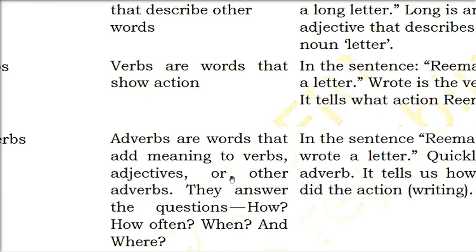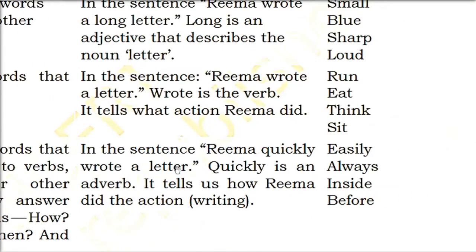Adverbs are what? These are words adding meaning to, or modifying or describing, verbs, adjectives or other adverbs. Basically, they answer how often, when and where. So adverbs are giving information about these. For example, Rima quickly wrote a letter.